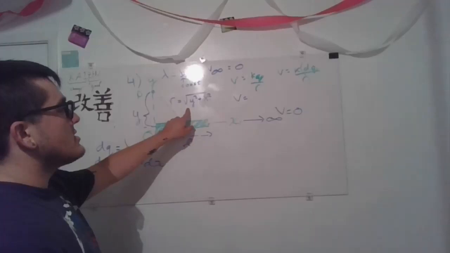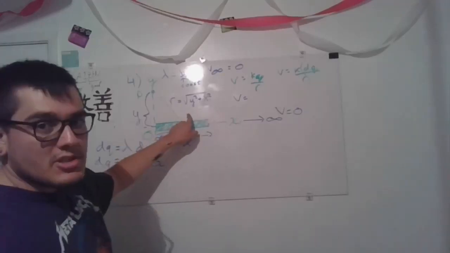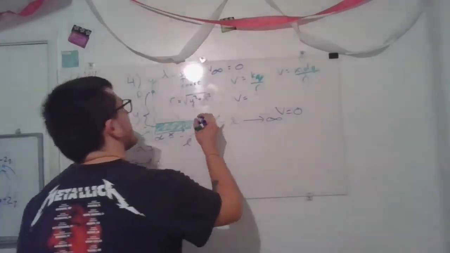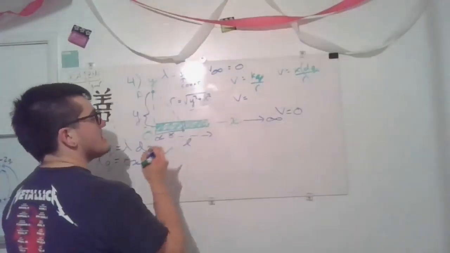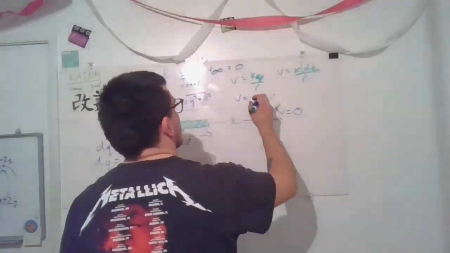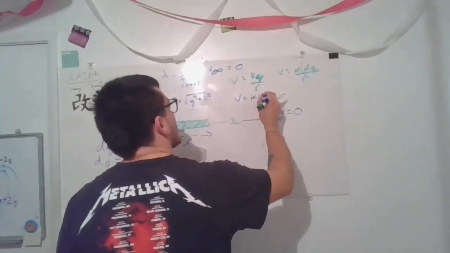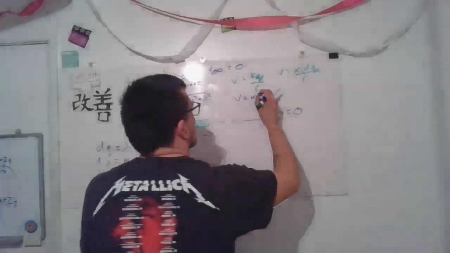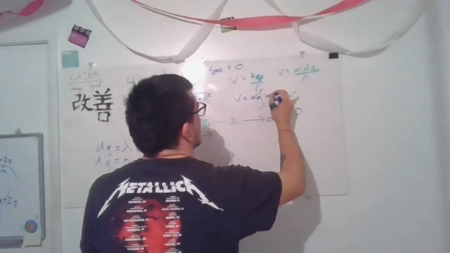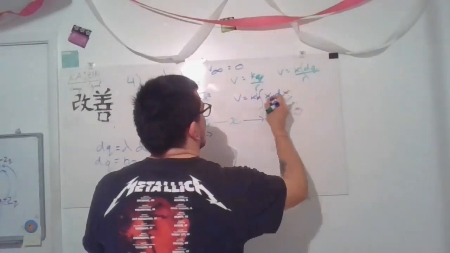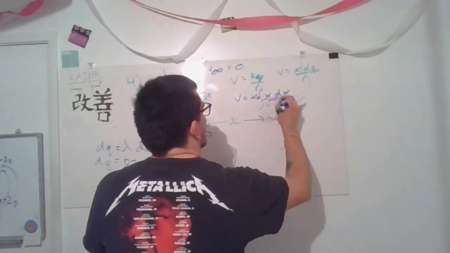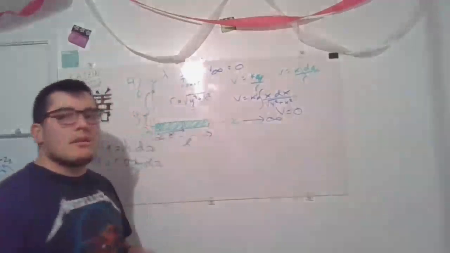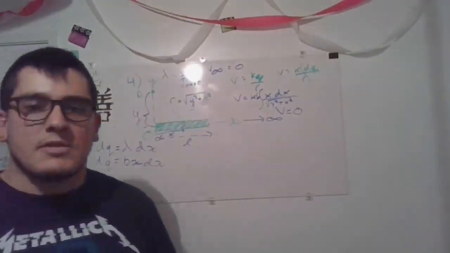And now you can take this, and if any of these are changing, then it needs to be included in the integral, right? Y is not changing, but x is. So we're going to have to include it in the integral. Integral dx. B is a constant, so I'll take it out. And what kind of integration is this?